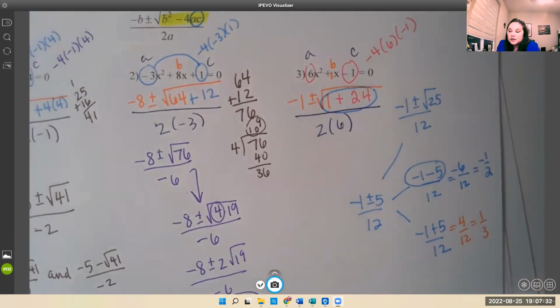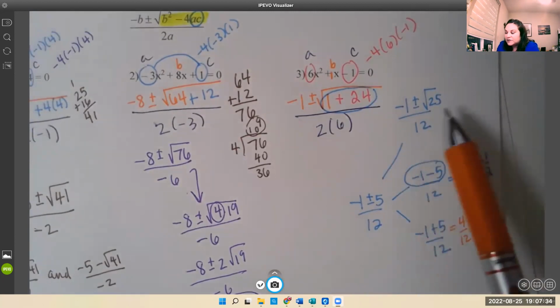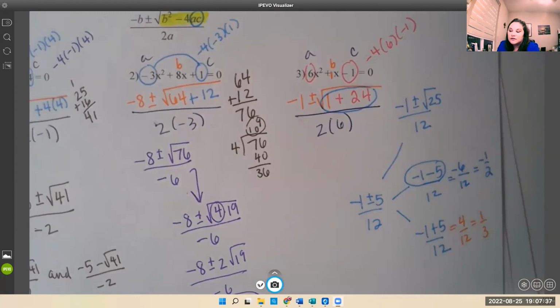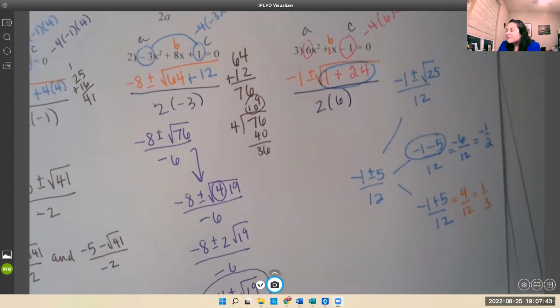So fun little nugget of information. Anytime you get a perfect square underneath the radical, it technically means that I could have factored this bad boy.